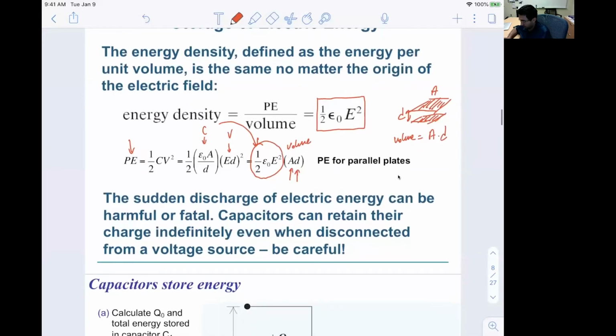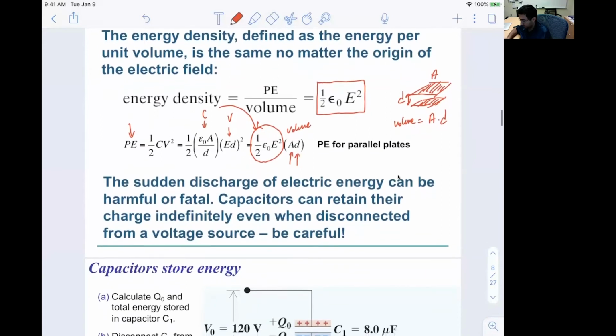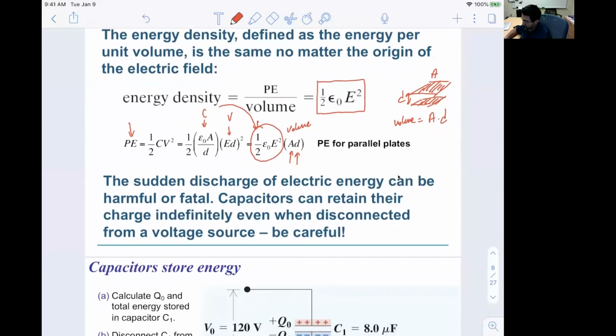Okay, that's all for the energy of the capacitors. One important thing to be careful about: when you see a capacitor in a circuit, it may be full of charge, so it can have enough charge to give shocks.